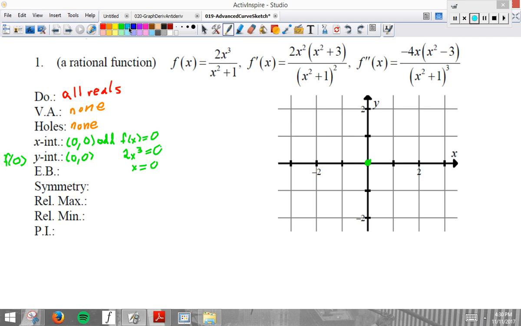End behavior. I'm going to do end behavior in blue down here. We're drifting a bit. End behavior in blue. We're talking about the highest power on the top and the highest power on the bottom.